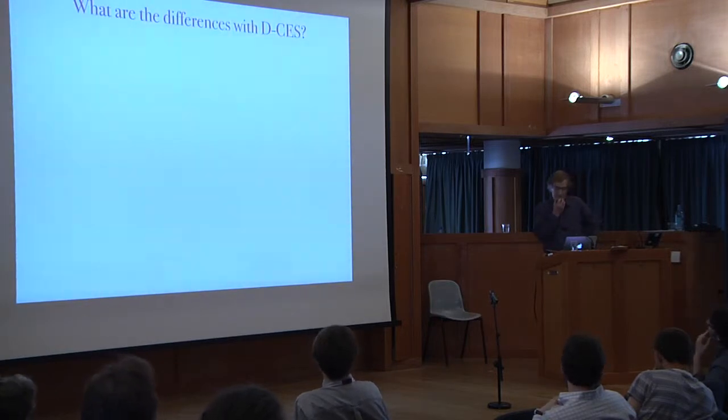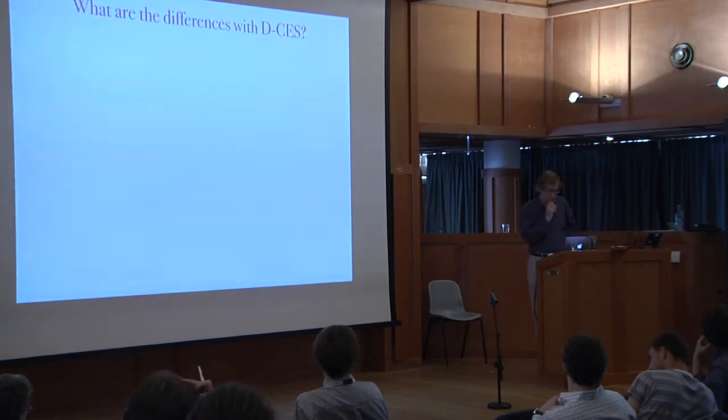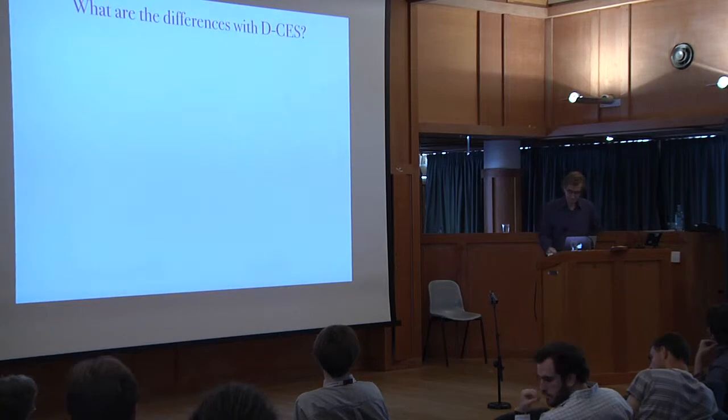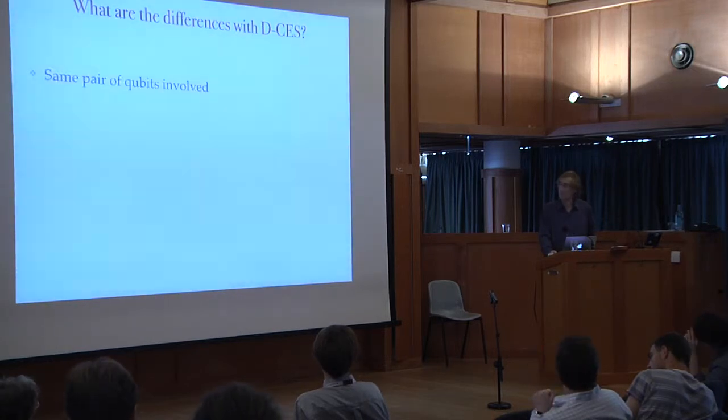So first of all, let me just note again what the differences are here with delayed choice entanglement swapping, which I emphasise as a well-established concept in the literature. Everybody accepts that as far as I know. The same pair of qubits are involved here, whereas in DCES it's a different pair. I don't think that's very significant.